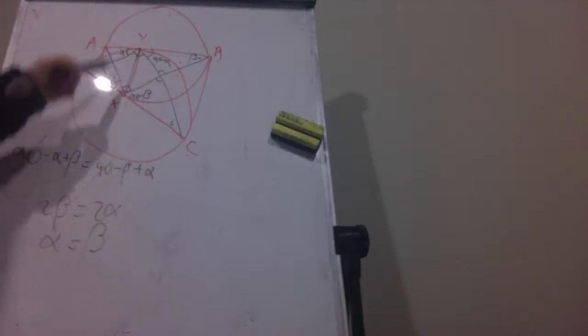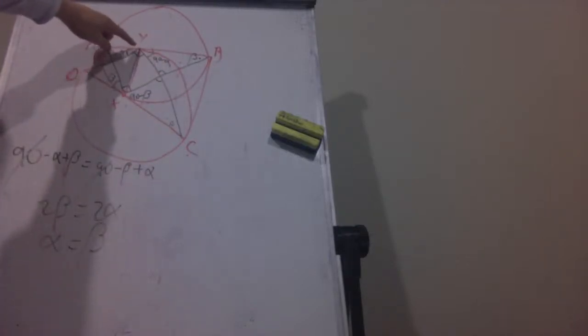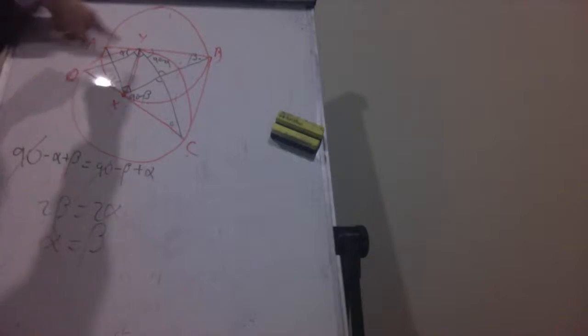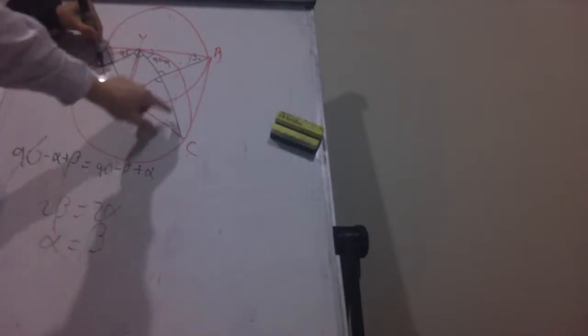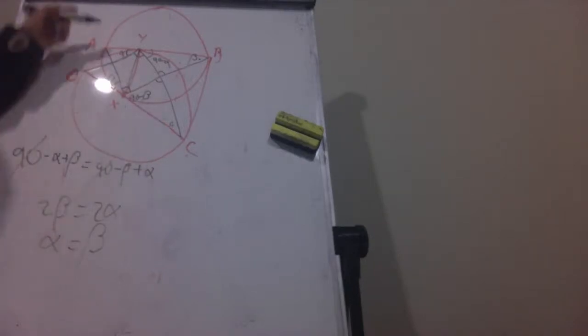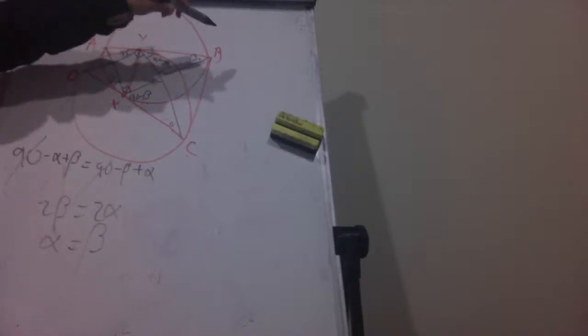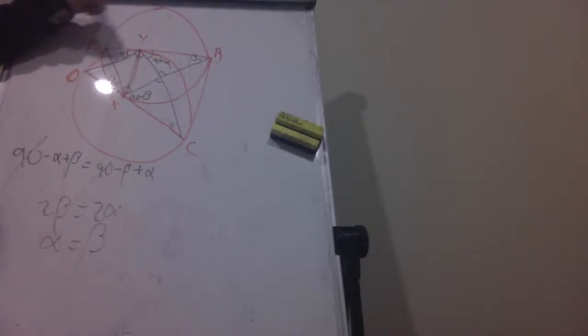So this is alpha, this is alpha, this is beta, this is beta. So the tangent makes an angle with the chord YD. This angle is AYD, right? So the tangent is AB, and the chord is YD.